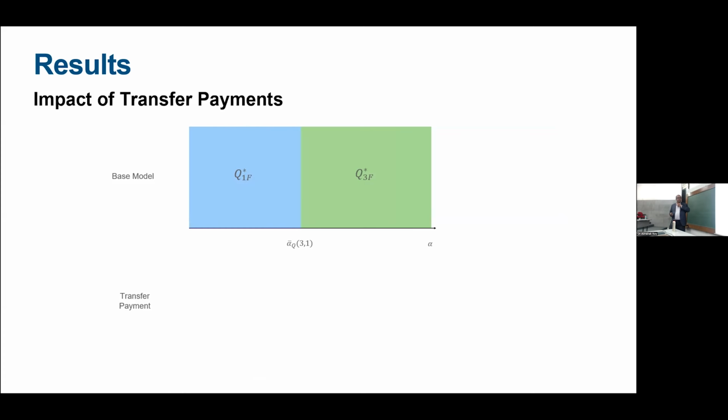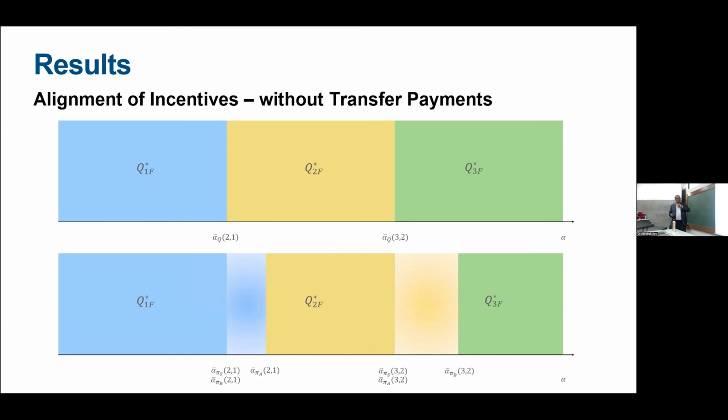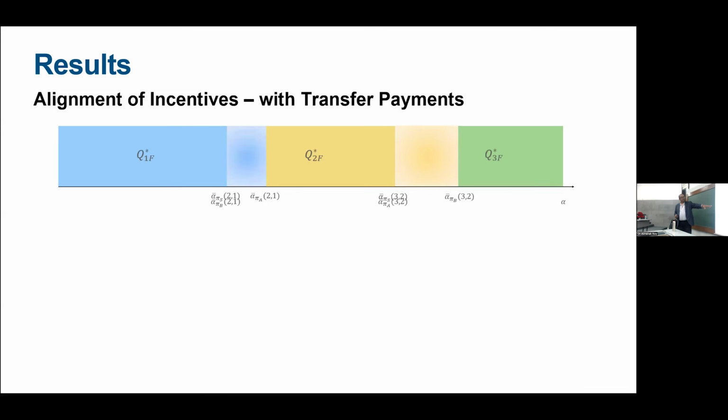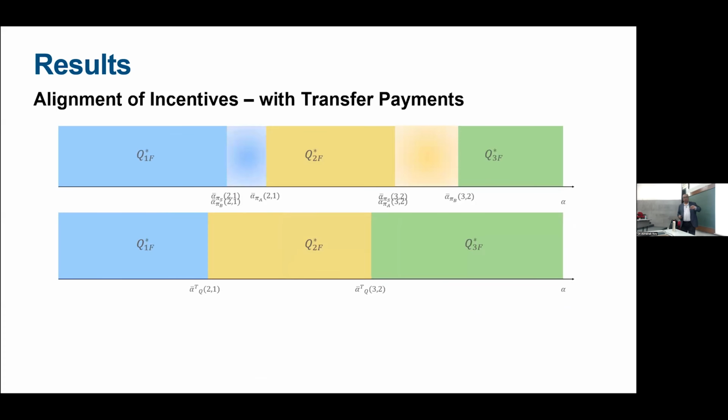Can transfer payments help? Yes, transfer payments can help. Remember, this is how the graph looks without transfer payments. With transfer payments, what does the graph look like? First of all, if there are transfer payments, if the supplier pays the buyers to put in effort, I know two things.